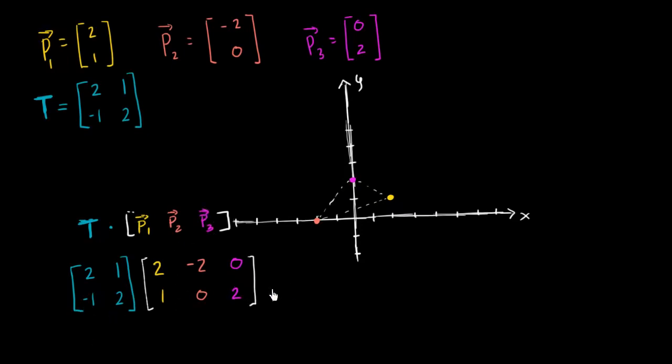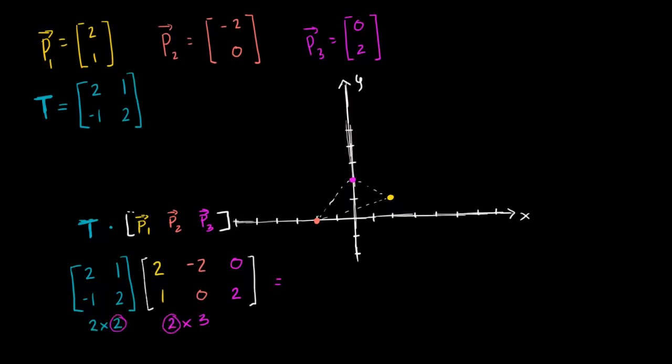Now, what is this going to give us? Well, this is a 2 by 2 matrix. We're multiplying it by a 2 by 3 matrix. So matrix multiplication is defined over here because the number of columns here is the same as the number of rows here.